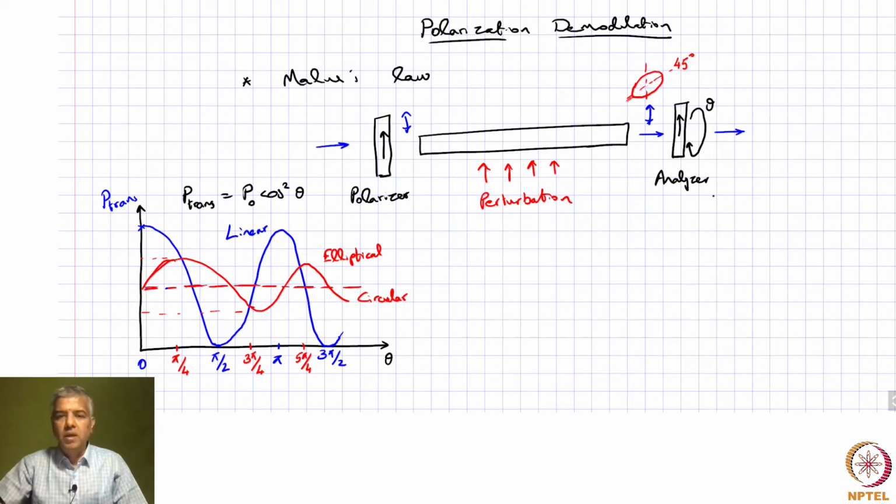So when I talk about the magnitude of the perturbation, you want to understand what the minimum detectable limit is as far as the perturbation is concerned.